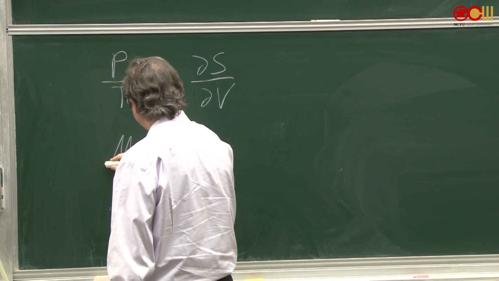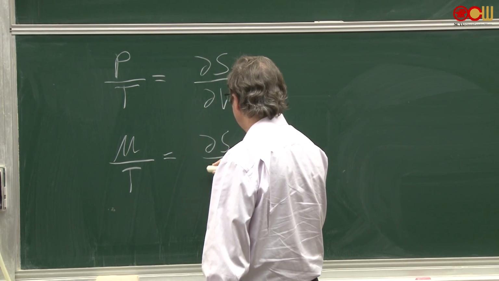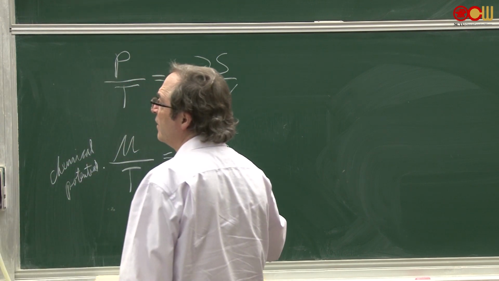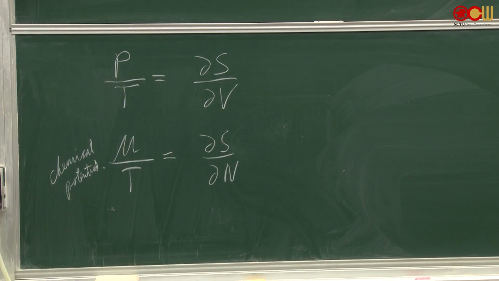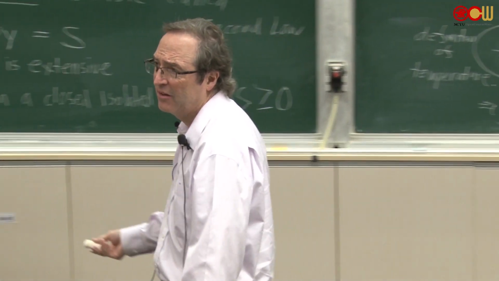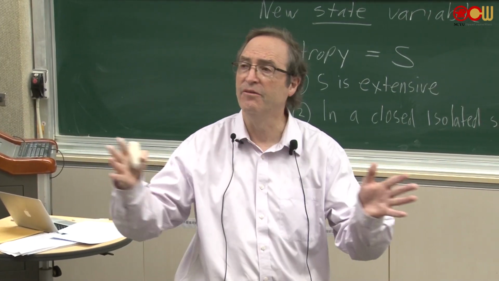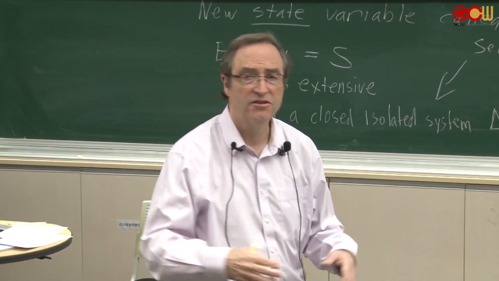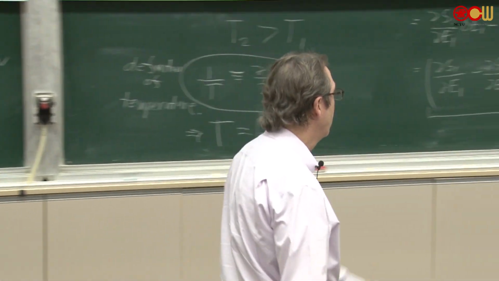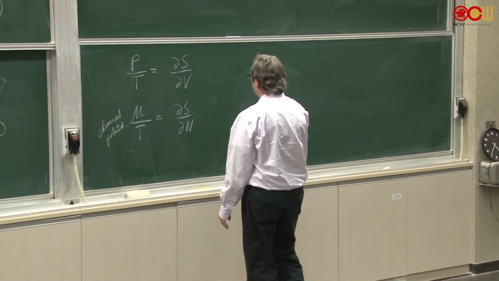And there's also something called the chemical potential, and that's dS dN. So this is chemical, and I believe it works the same way. All right? So you get that by just doing the same kind of calculation that I just did for energy. In the first case, you allow the volume to move. In the second case, you allow a number of particles to go through, like a membrane. All right, but we won't need that. It's just something that I'm telling you.